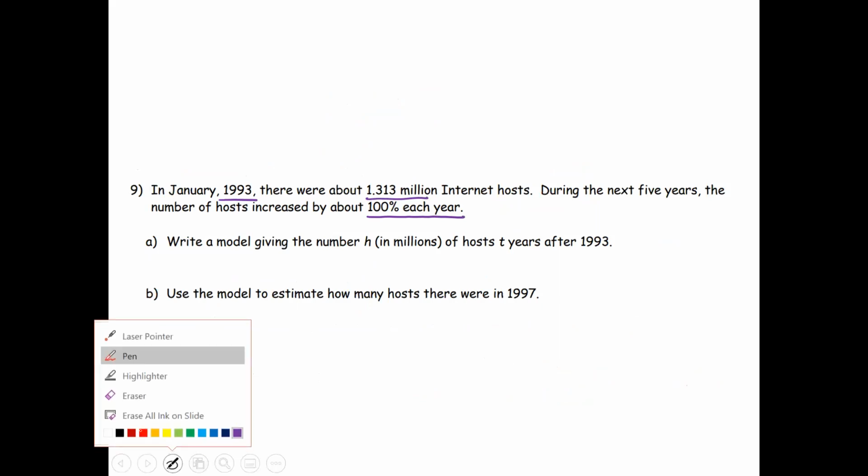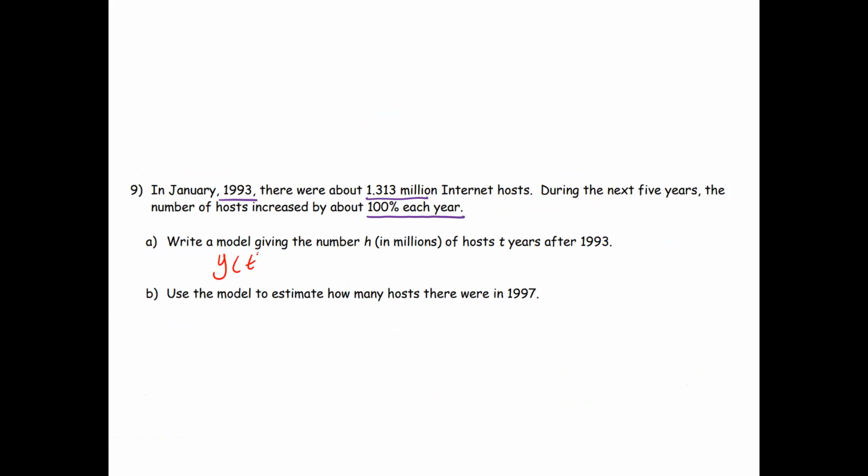So you're going to start off with y of t is equal to your initial value times your multiplier to the t. That's your equation. My initial value is 1.313.